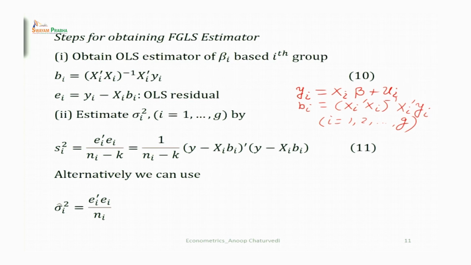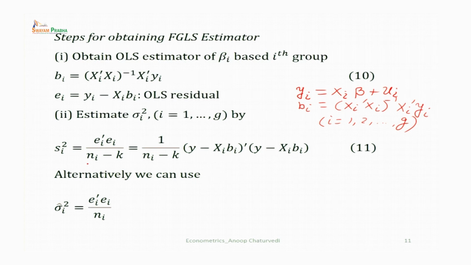Then in the next step, we use this OLS residual for estimating sigma square i, the variance for the ith group. The estimator is si square equal to ei transpose ei upon ni minus k, which is equal to 1 upon ni minus k, y minus xi bi transpose y minus xi bi.